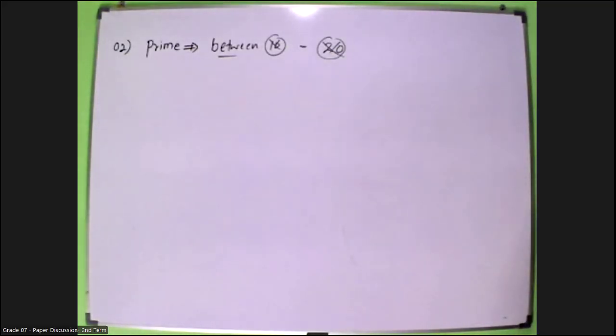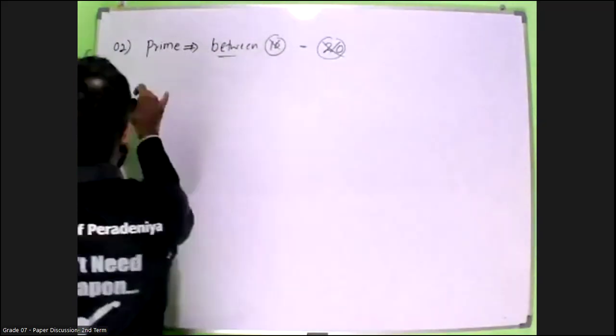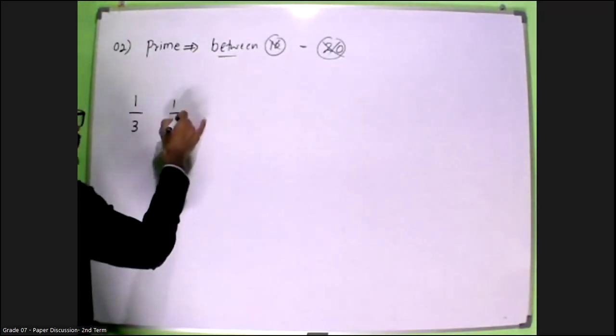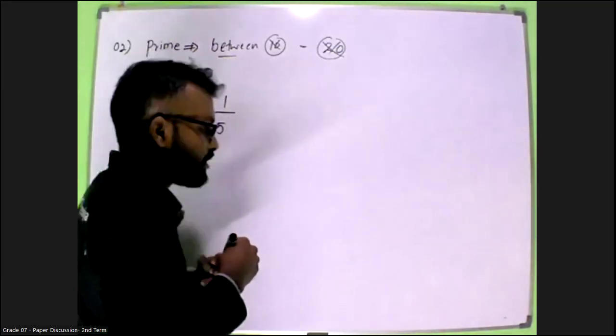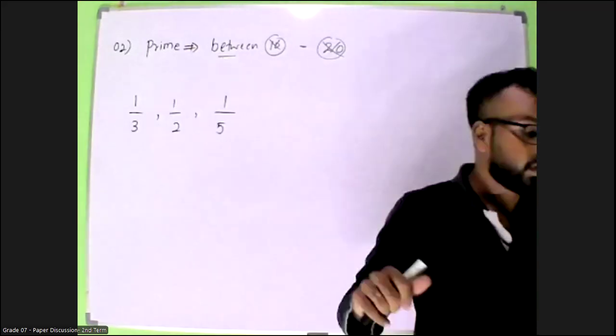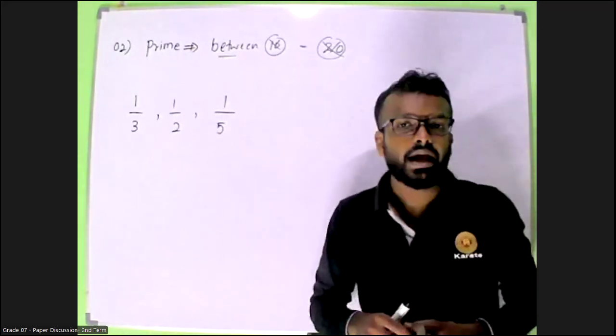third question. Write in ascending order. There are a few fractions: 1 upon 3, 1 upon 2, and 1 upon 5. There are three fractions, and you have to write them in ascending order.